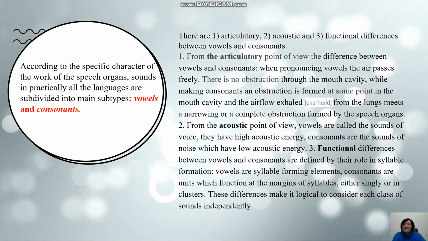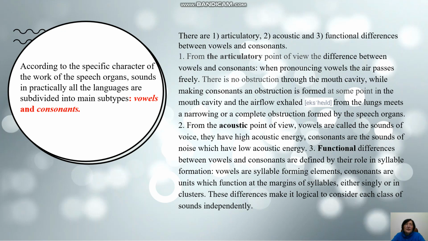According to the specific character of work of speech organs, sounds in practically all languages are subdivided into two main subtypes, vowels and consonants. There are articulatory, acoustic, and functional differences between vowels and consonants. From the articulatory point of view, when pronouncing vowels, the air passes freely.